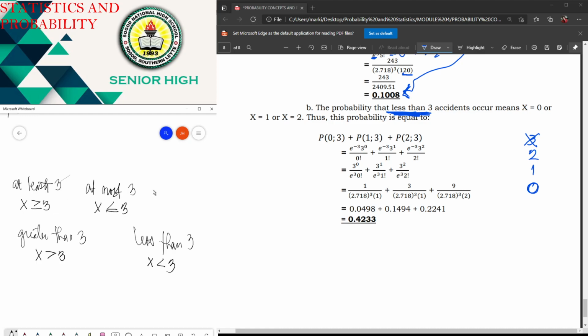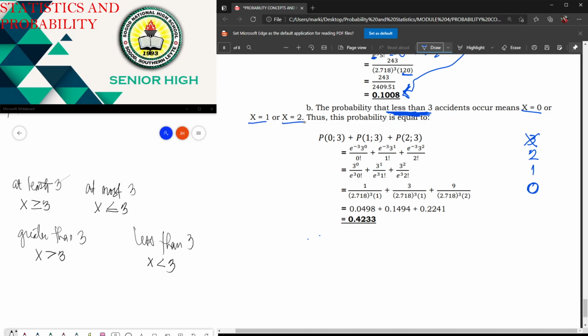So the probability that less than 3 accidents, we have here x is equals to 0, x is equals to 1, and x equals to 2. So by this, we have Poisson 0, 3, Poisson 1 and 3. So by substituting the formula, so you have here e raised to negative 3, 3 raised to 0, 0 factorial.